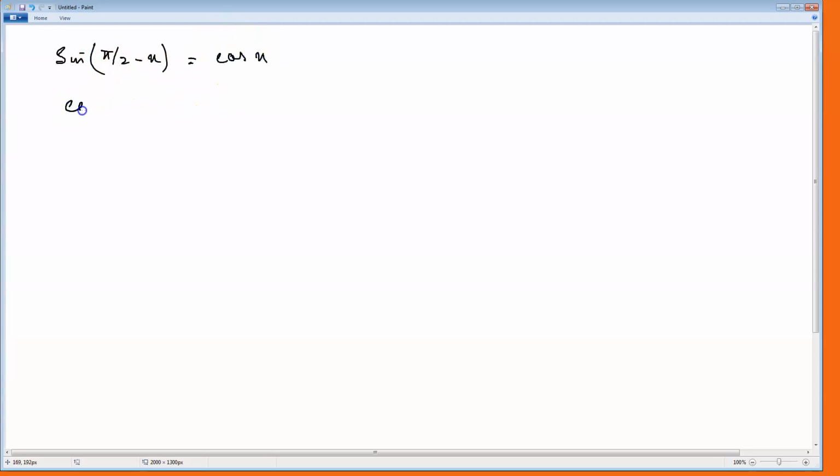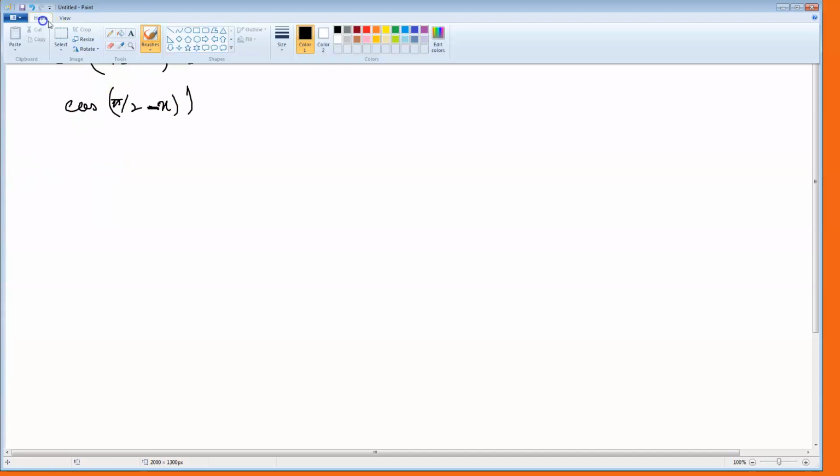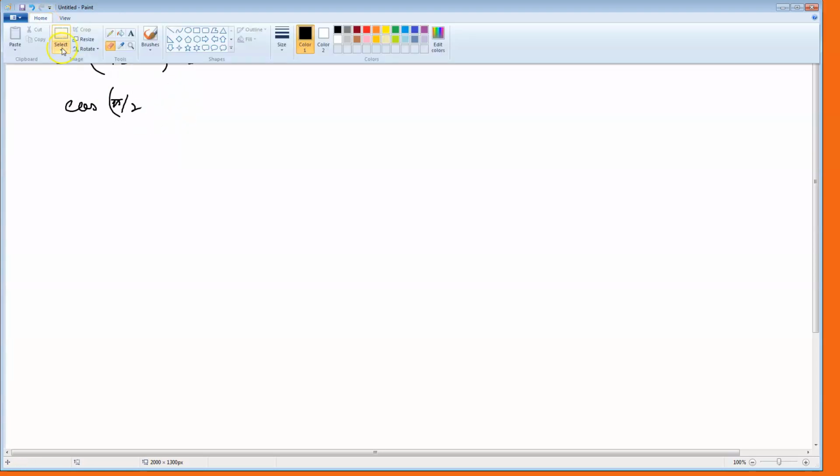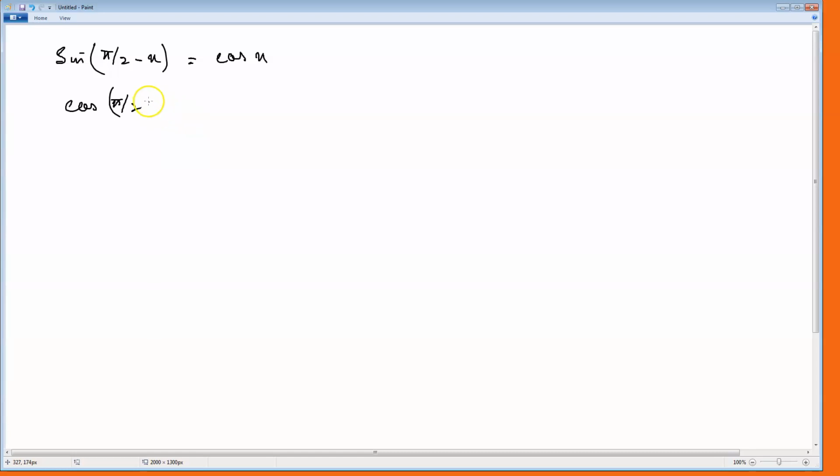The cos of pi by 2 minus x is equal to sine x.